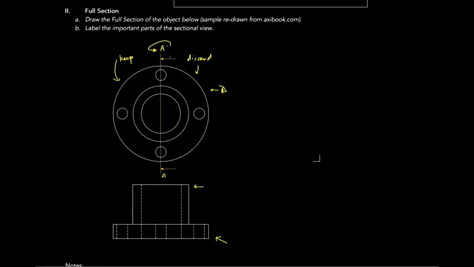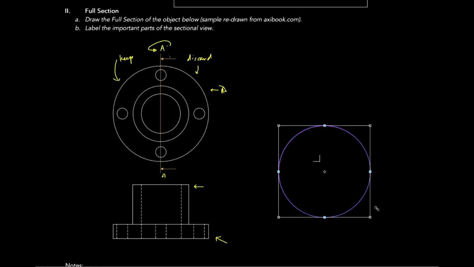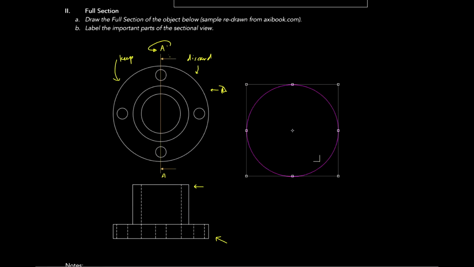Tapos, we copy the distance and wala pa pala akong compass. Kukuha lang ako ng compass saglit, class. Okay. Ito yung compass ko. Kailangan siya na something sa loob.